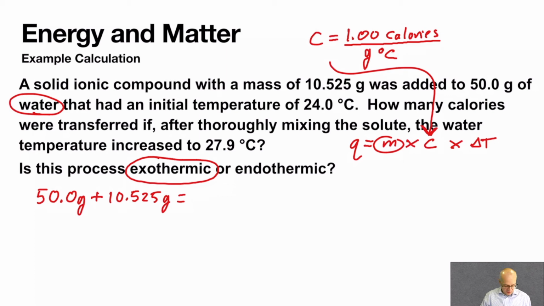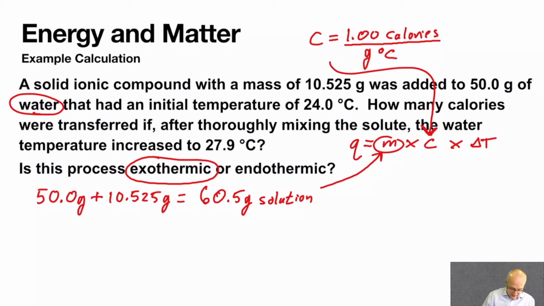So we can just do a quick addition here using our handy dandy calculator. So we have 60.5 grams of solution. And that's just going to go here. So we've got 2 of the 3 things we need. Let's do the 3rd thing, pardon me.